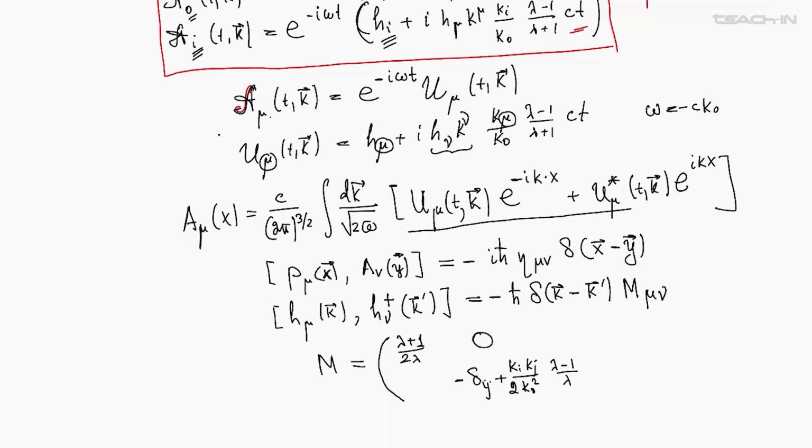So it's like first row, first column, and then in this block there is a 3 by 3 matrix, whose components are explicitly given by this expression here: minus delta ij plus ki kj divided by 2 k0 squared lambda, minus 1 divided by lambda.